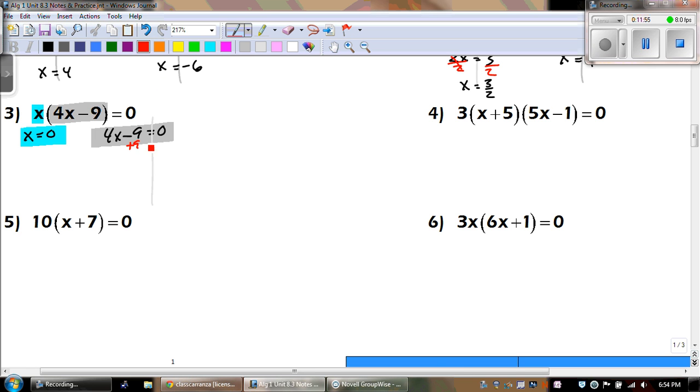We have to add the 9 to both sides. And we get 4x equals 9. And then we divide them both by 4. So we get x equals 9 over 4. So our two answers in numerical order are 0 and 9 over 4.